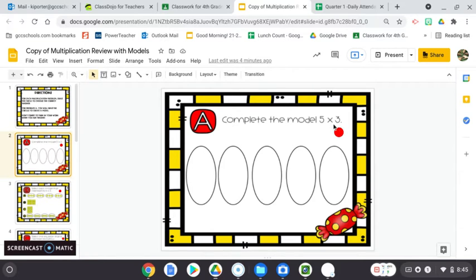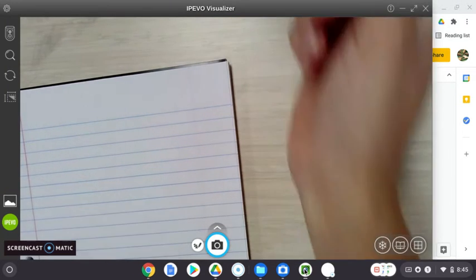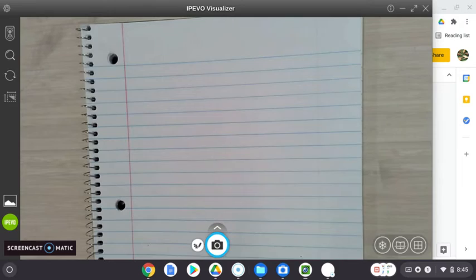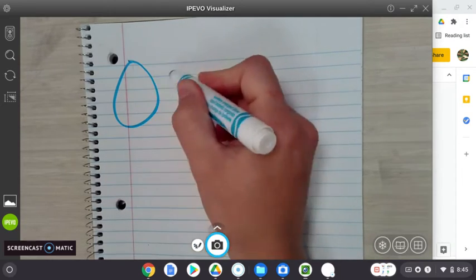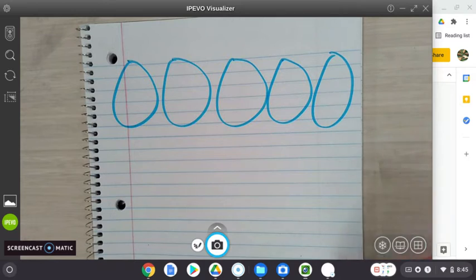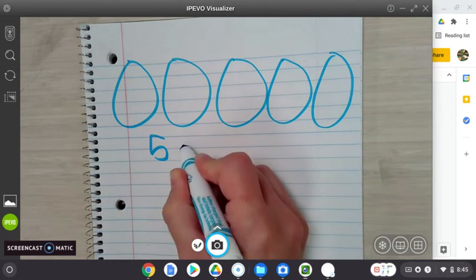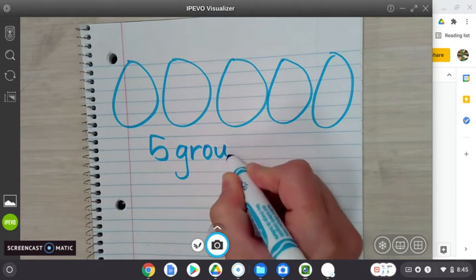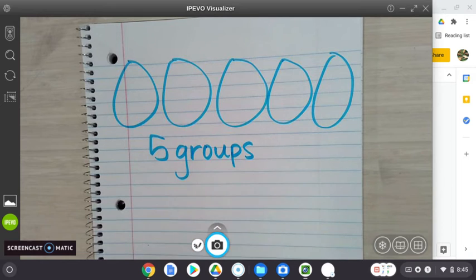So on that slide, for A, it says complete the model for 5 times 3. Now, 5 times 3 literally means 5 groups that have 3 inside of them. So if you're going to do it on your paper, you're going to make 5 groups. 1, 2, 3, 4, 5. So that's 5 groups that have 3 on the inside of them.